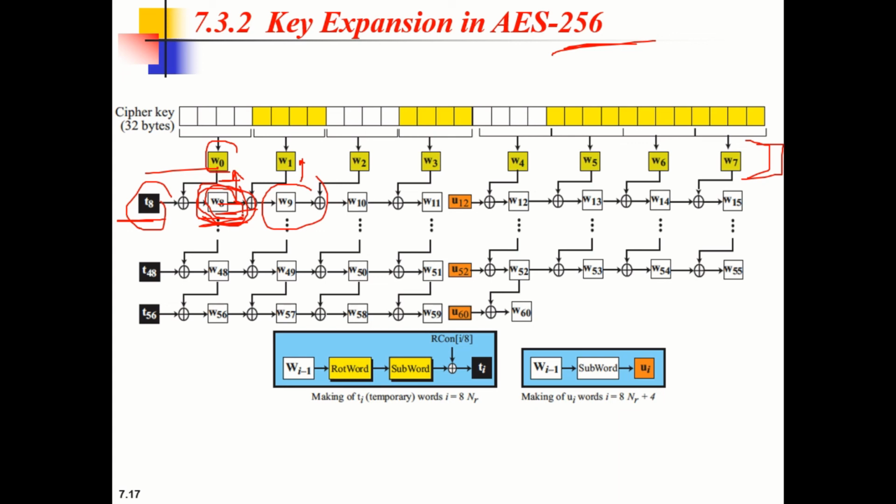Here, along with this 8, we have to check whether the subscript is a multiple of 4 or not. So if the subscript of the word is not a multiple of 8, then the process will be same for all of these words, right, which is involving the previous word and the word above it.